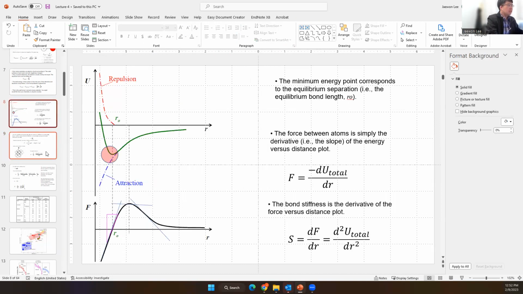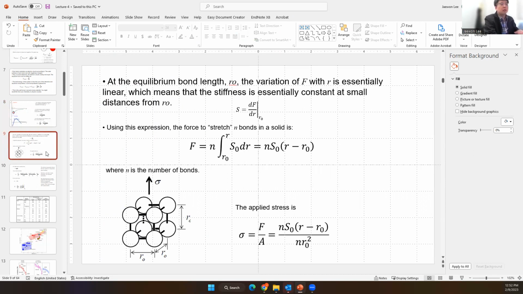But R0 is the most stable interatomic distance. If we apply the force, the distance between the particles is linearly increased.